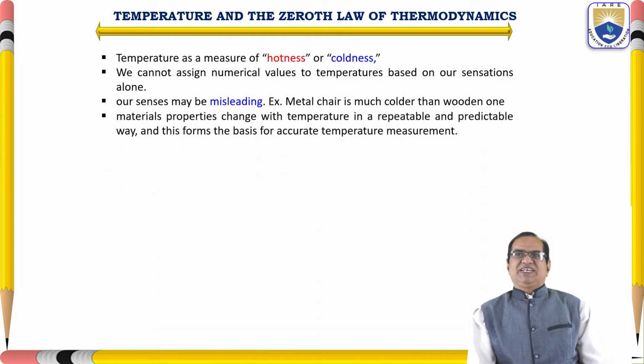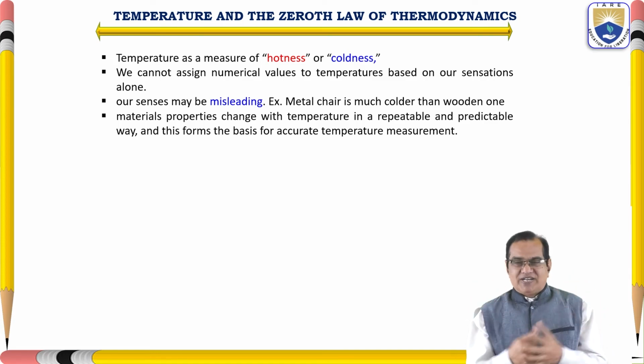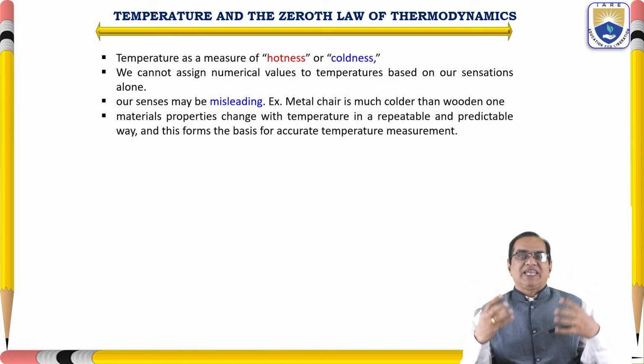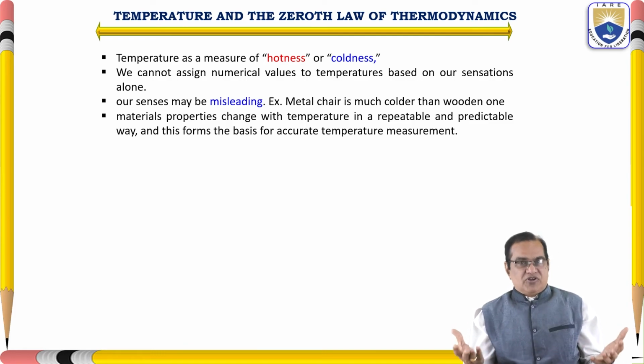Material properties change with temperature in a repeatable and predictable way, and this forms the basis for accurate temperature measurement. We have some materials like water, alcohol, ethanol, mercury.